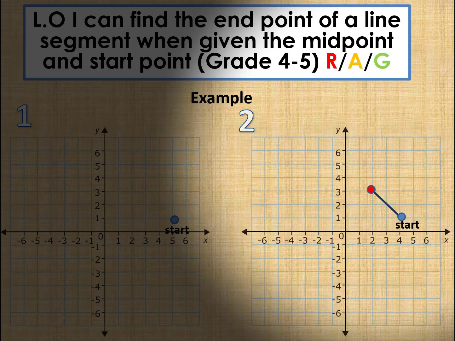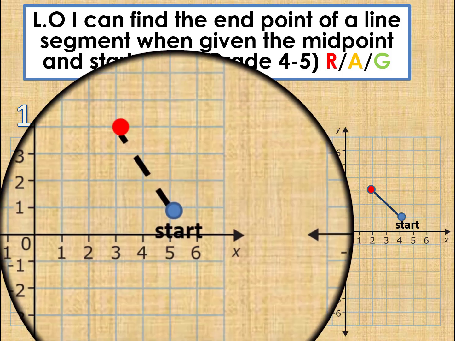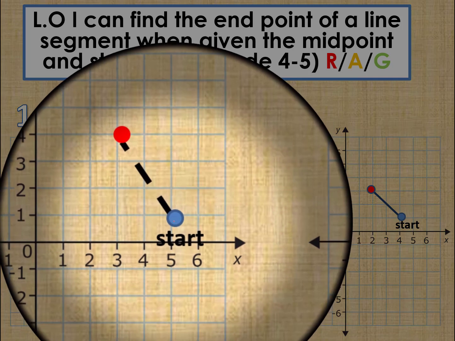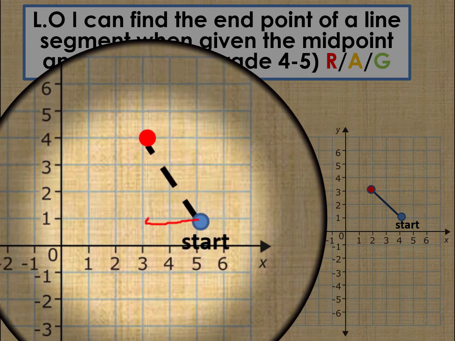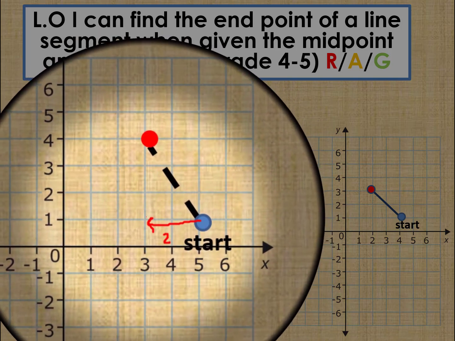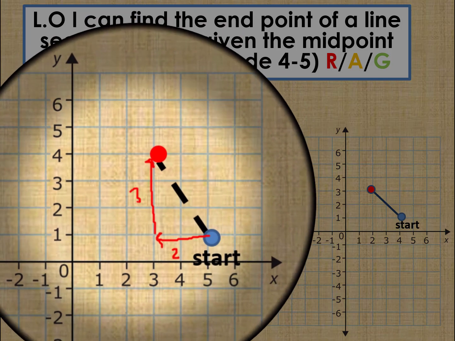So, this is my explanation of how you can find the endpoint when you're just given a start point and a midpoint. So, let's have a look at here. Now, can you see this start point is here? Now, can you see it's going left 2 and up 3?